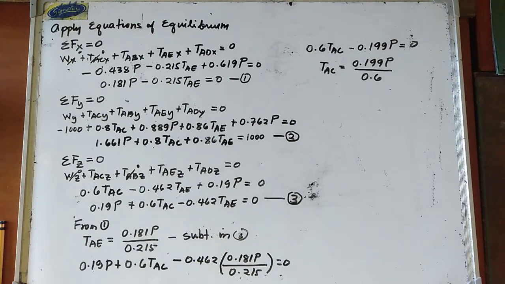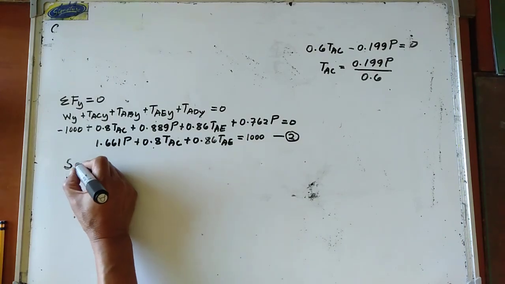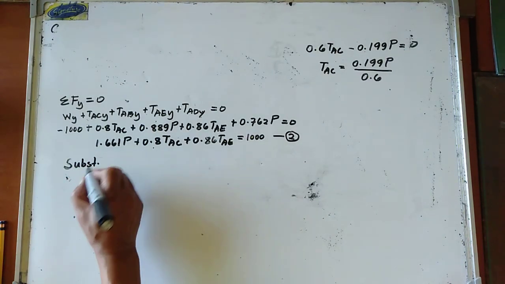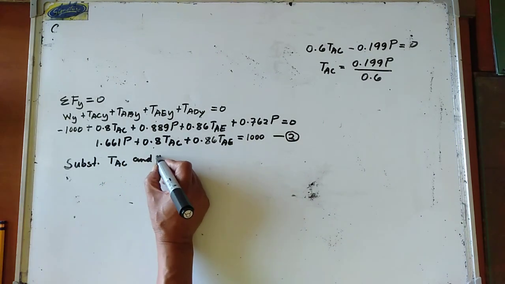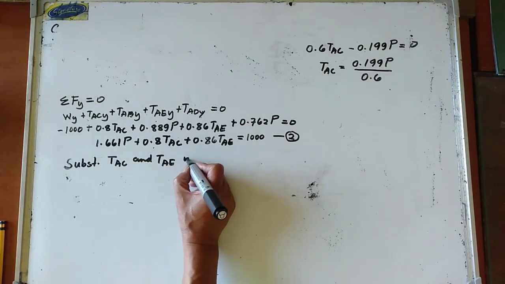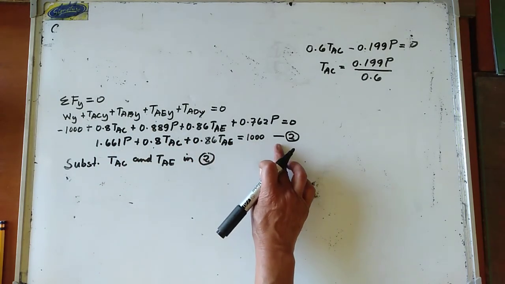Now, again, let's substitute TAE and TAC in equation 2. So this is our equation 2.